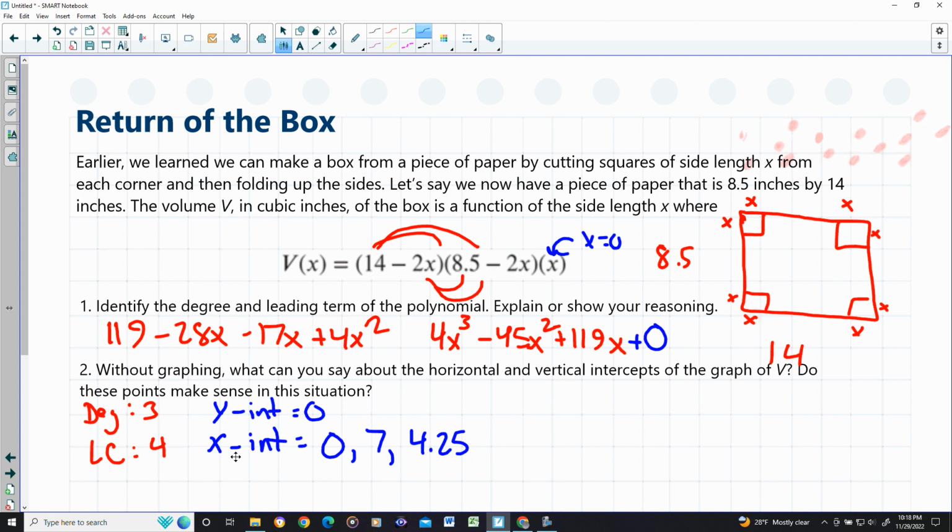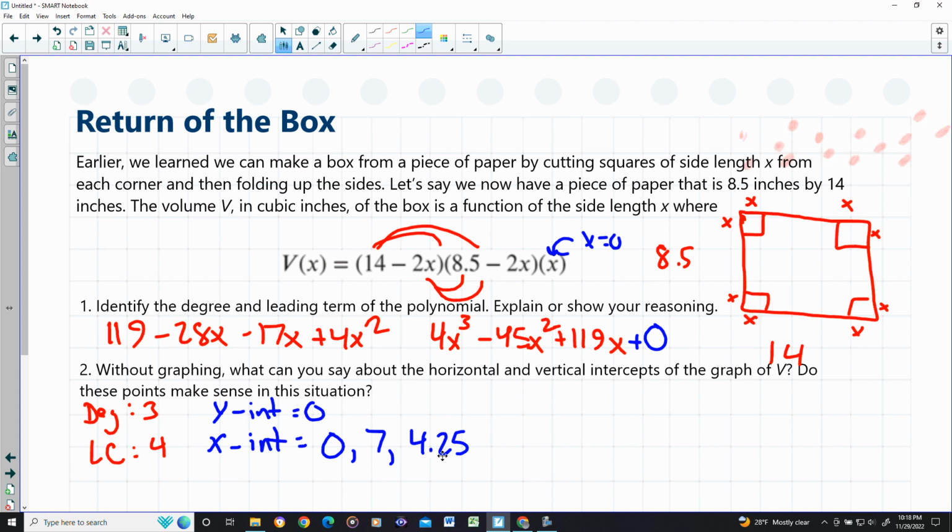A reasonable domain is any value of x where all of these sides are positive, because you want the box to have positive sides. And the only values of x that make that happen are between 0 and 4.25.